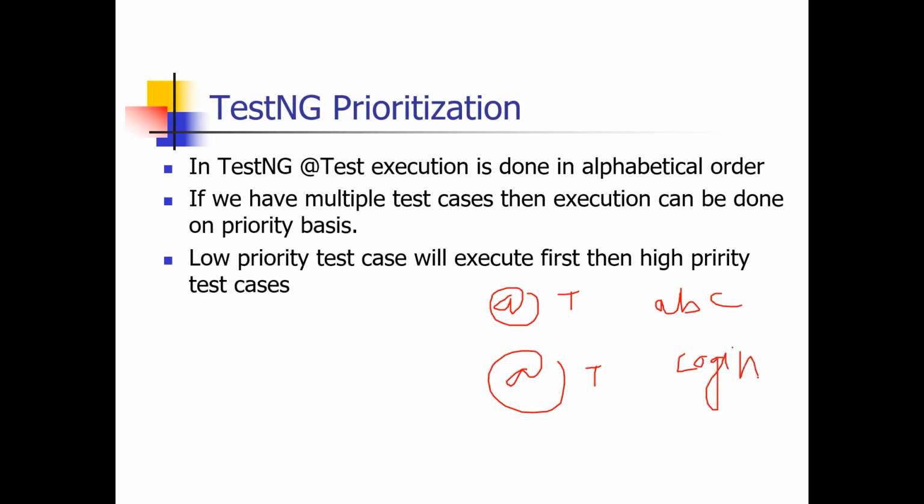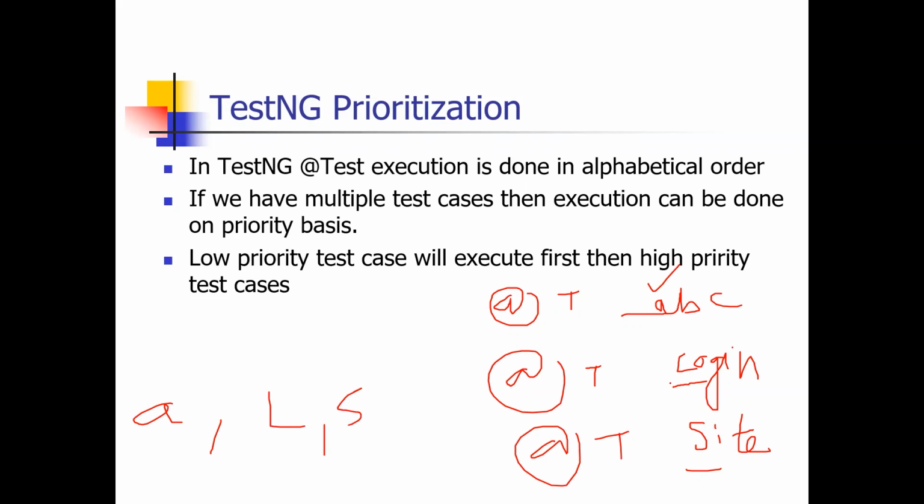Next, @Test defined with some name like site, whatever the name. So this is A, this is L, this is S. So it will do execution alphabetically. A is first, then B, C, D, and so on.